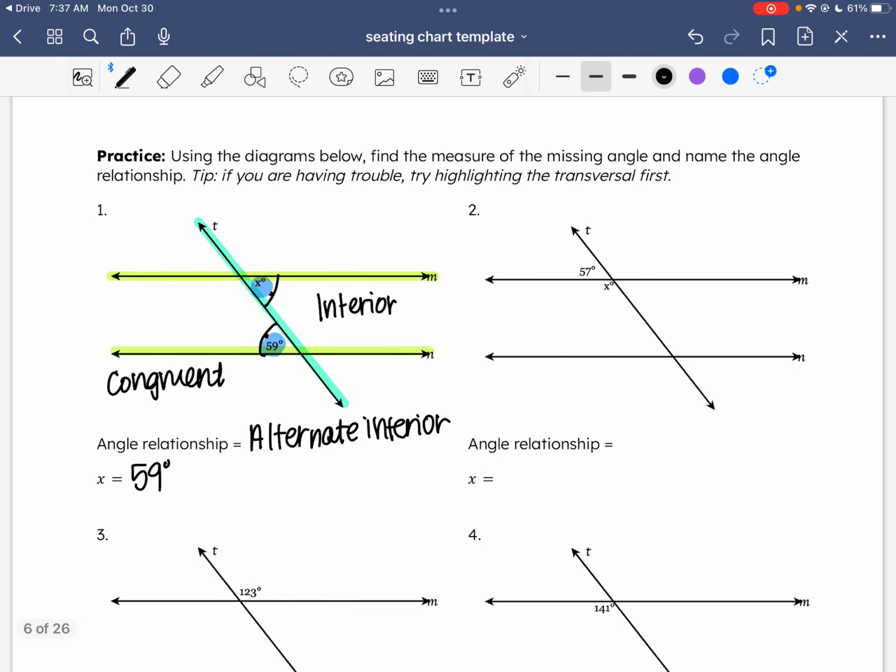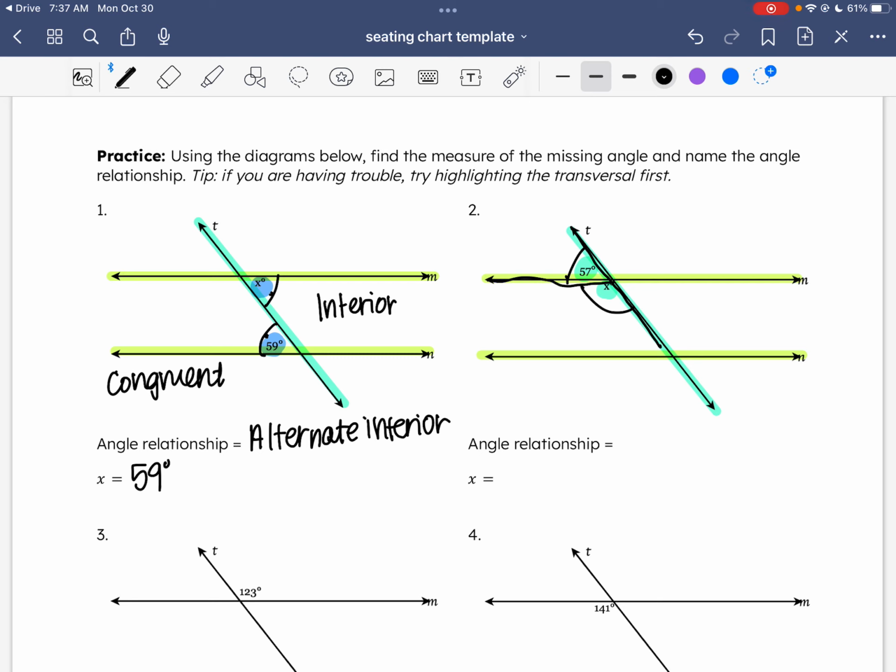Our next one, we have these two angles here. These sum to 180 degrees. They make up a straight line when you add them together. So you can kind of see that this is the line that they are on, and this angle separates them. So if you add them together, they're going to give you 180.